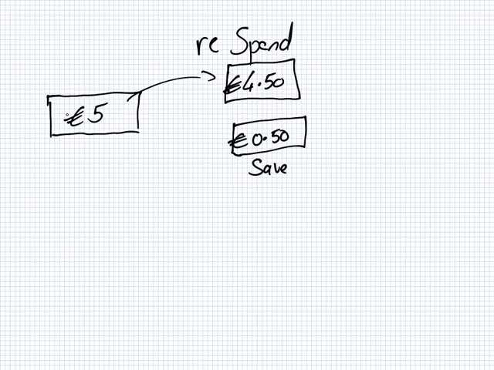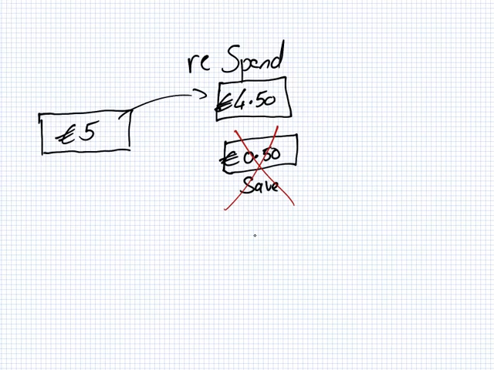So you go in, you spend €5, get a sandwich, and then the restaurant owner, he will spend most of this money maybe buying more food or whatever. But some of the money gets put into the bank. So it's like this money is gone. It's not to be respent. It's put away for savings.